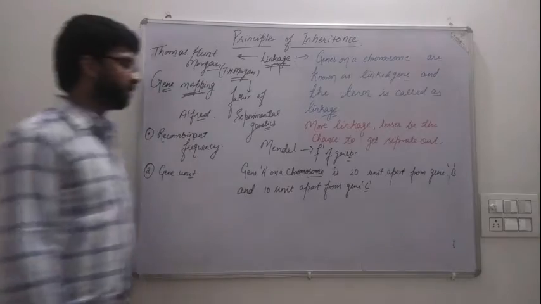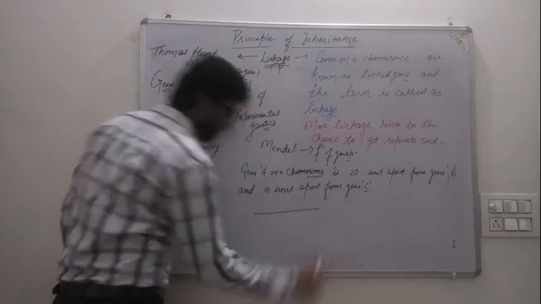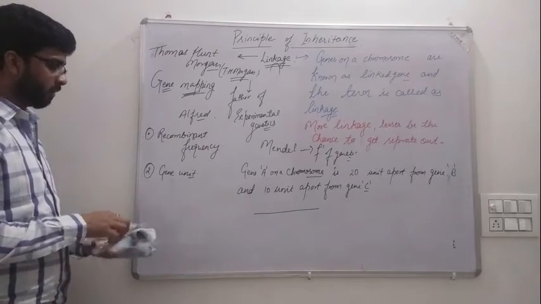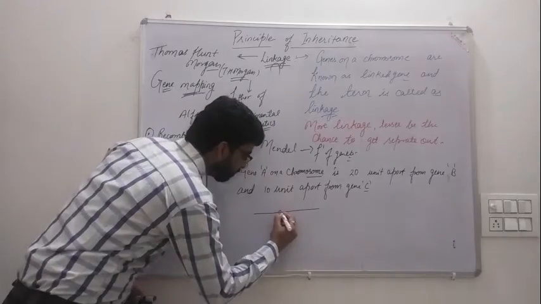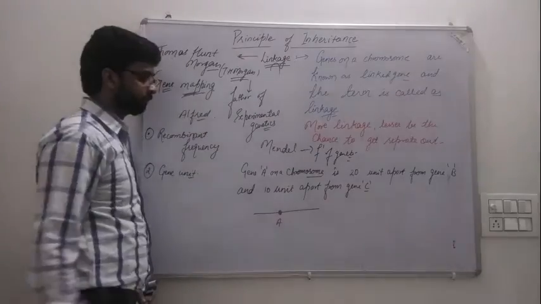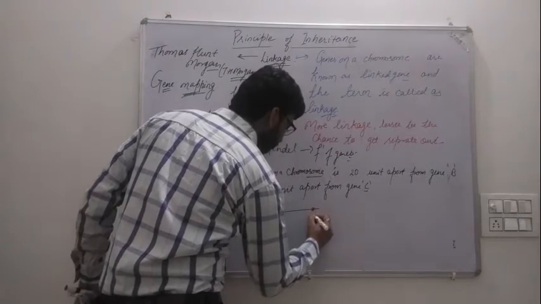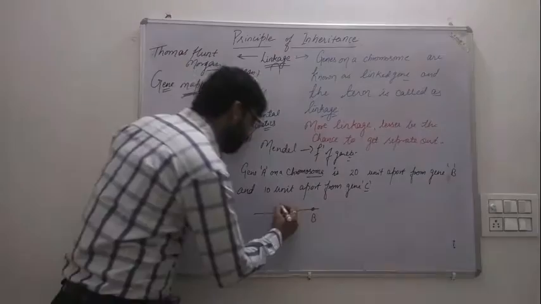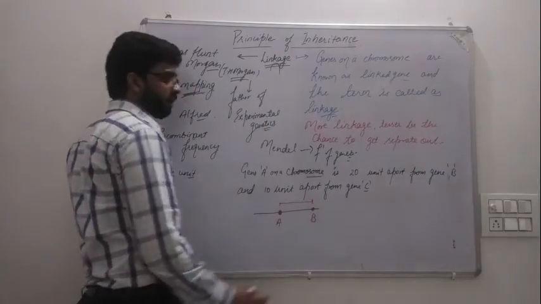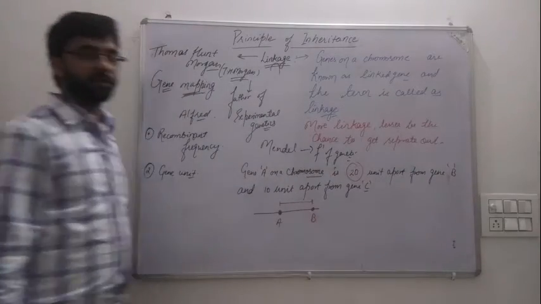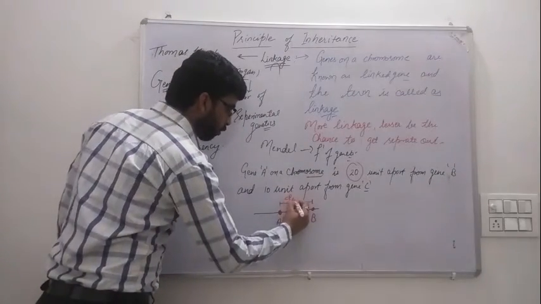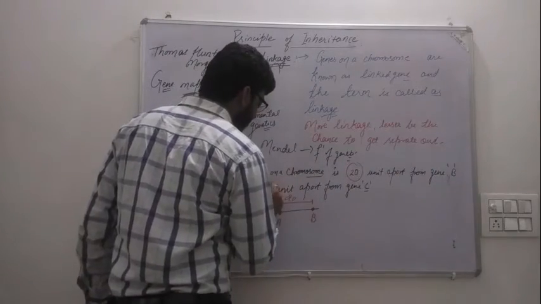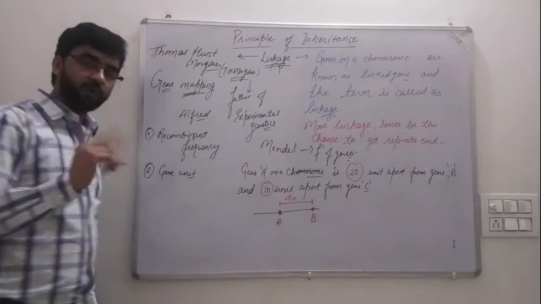So in our first condition, that is a chromosome, this point is gene A, and this point, assuming, is gene B. So the distance between gene A and gene B is 20 units apart. The distance between gene A and gene C is 10 units apart, which means there are two conditions here.